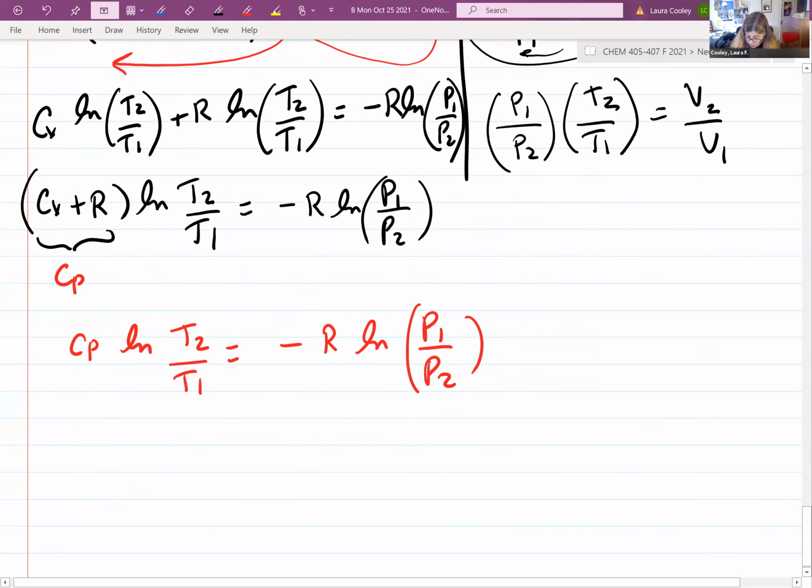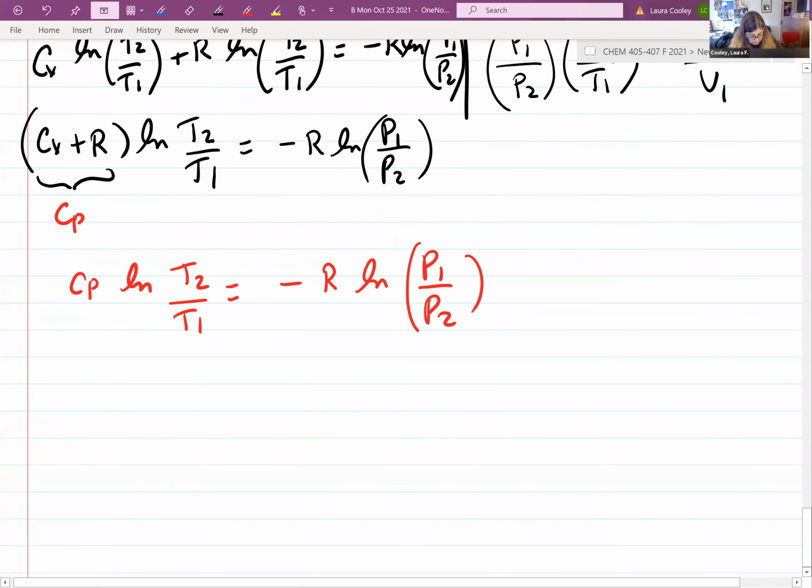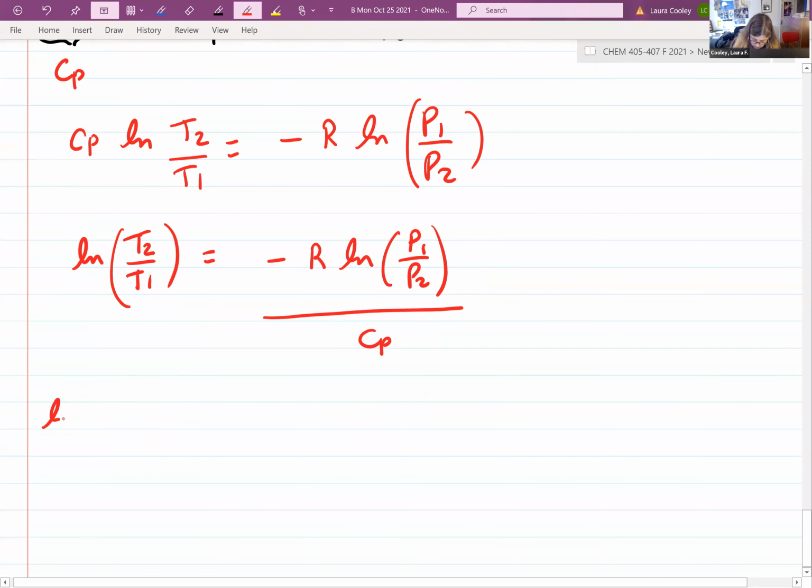And what I'm solving for is T2. I know what T1 is. I presumably know the two pressures, initial and final, in this adiabatic expansion. So I'm just going to put the CP on the other side as I solve for T2. So the natural log of T2 minus the natural log of T1 is this.